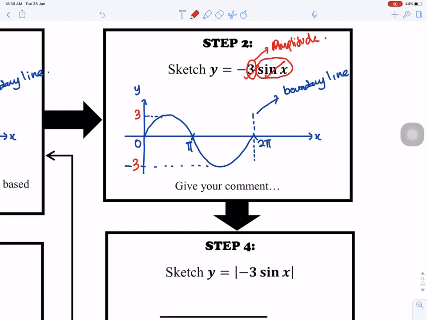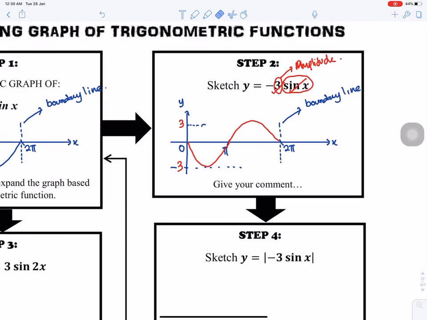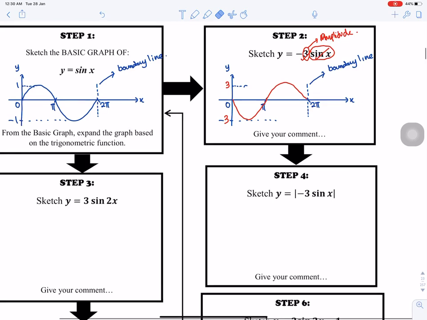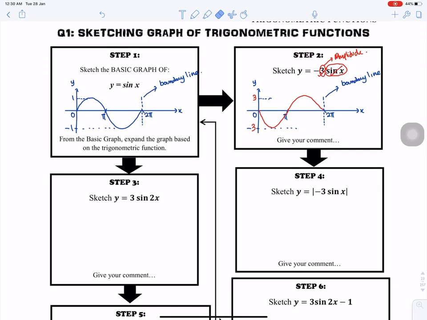Now the negative means the positive line will become the negative line, and the negative line will become the positive line, and then we can erase the positive. Again, from the basic graph, we can draw the function that is given.